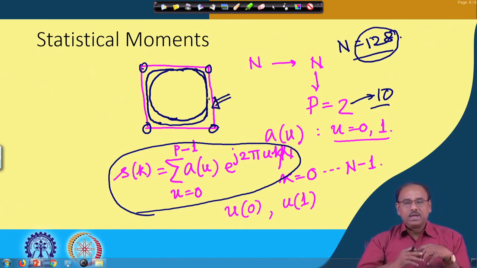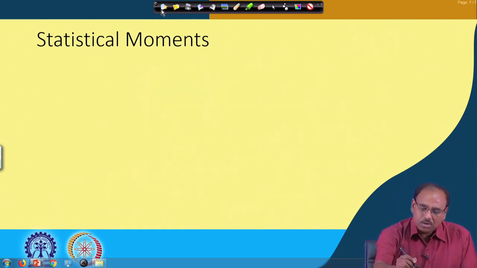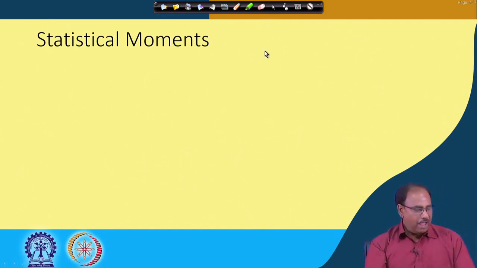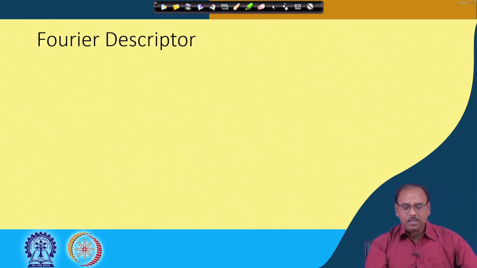So all these Fourier coefficients can give you important information about the shape of the boundary. Over here, I have obtained the different types of descriptors that I can get.